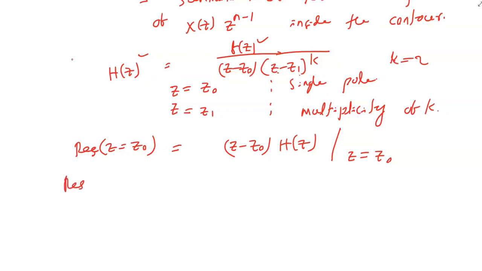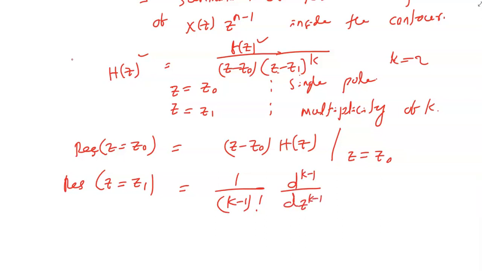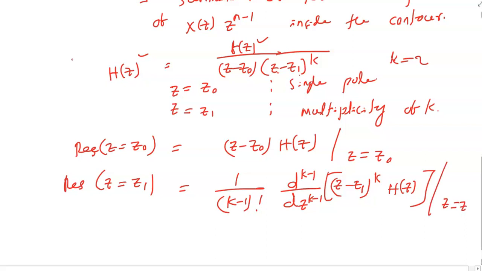So residue at z equal to z1 is equal to this expression: 1 upon (k minus 1) factorial, d to the power k minus 1 upon dz to the power k minus 1 of (z minus z1) to the power k h of z, evaluated at z equal to z1.